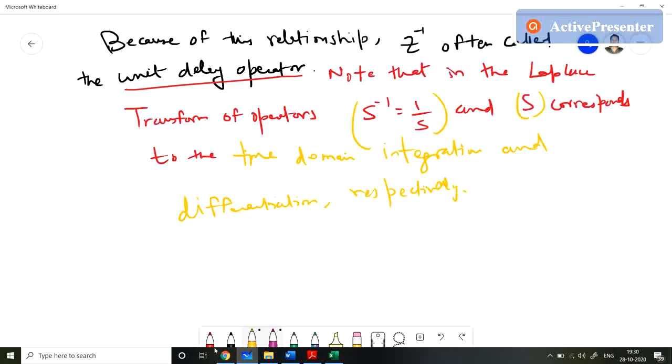So all these are related to each other. If we discuss the Z transform, then the continuous time counterpart is the Laplace transform.